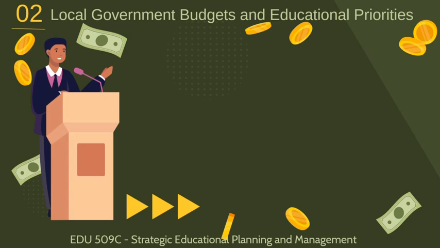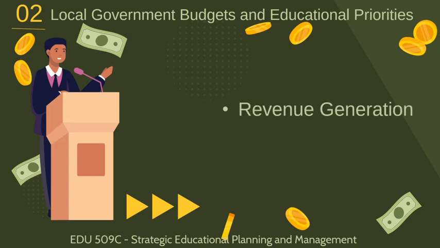The second area is local government budgets and educational priorities. Local governments are responsible for a wide range of public services, including education, infrastructure, and healthcare. The allocation of funds within these sectors depends largely on the local government's financial capacity.